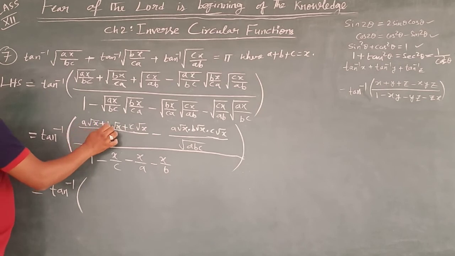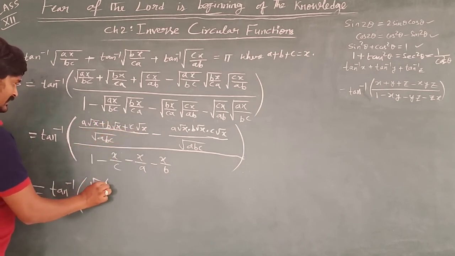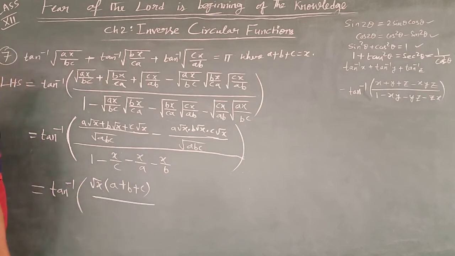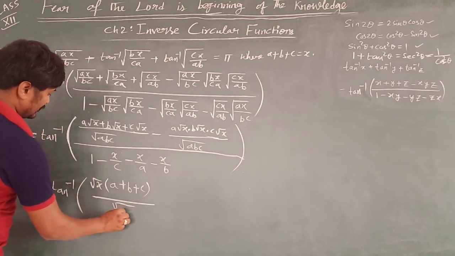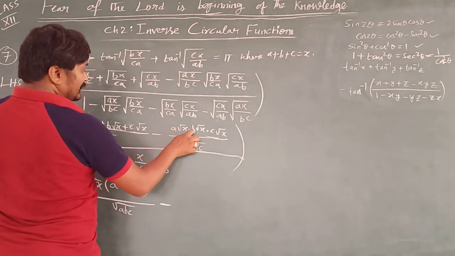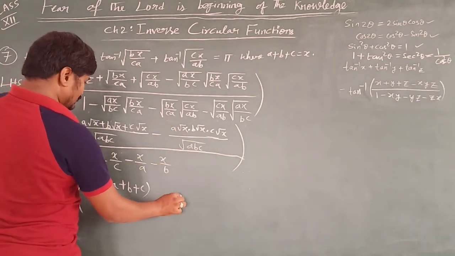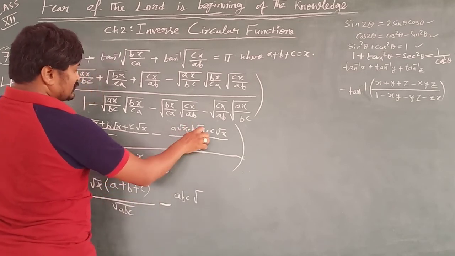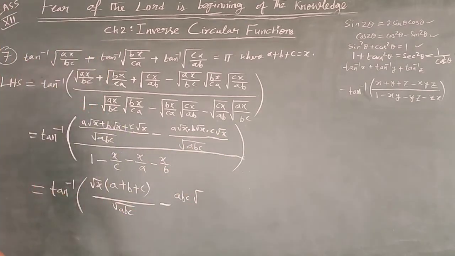Here root x common, when you take root x common, a plus b plus c upon root abc, minus. Now here also abc, so right here abc, root x into root x into root x. So if abc is there, what are the possibilities?